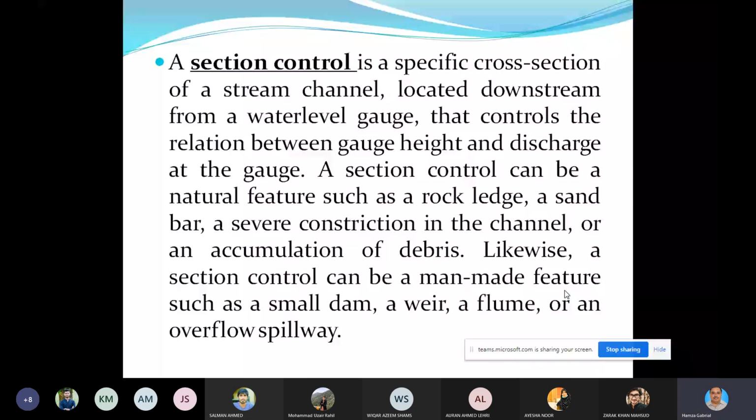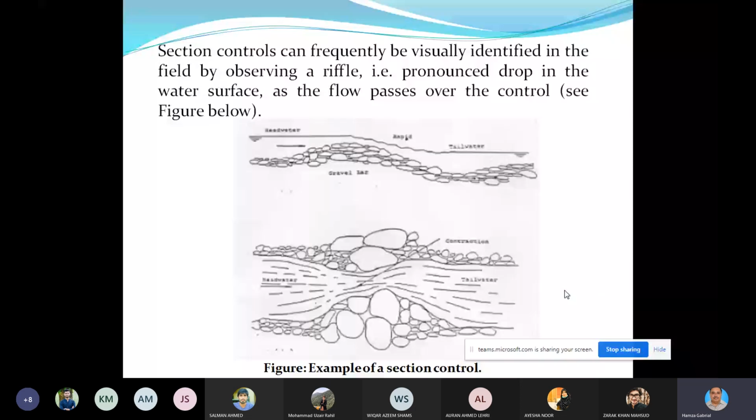So these section controls, you can identify them while in the field. You can hear the water drop from a fall and listen to the sound of the water falling. You will observe a ripple has been created, that is, a pronounced drop in the water surface as the flow passes over that control.